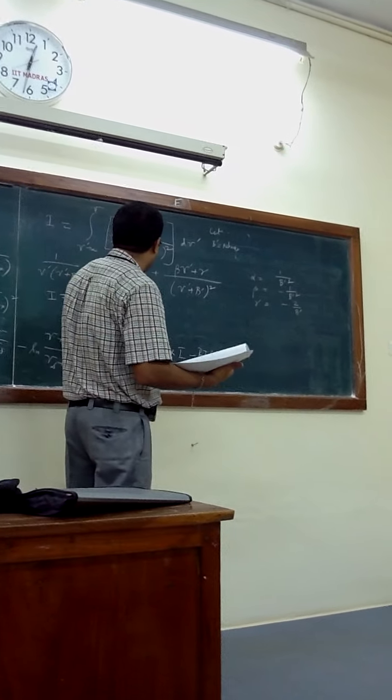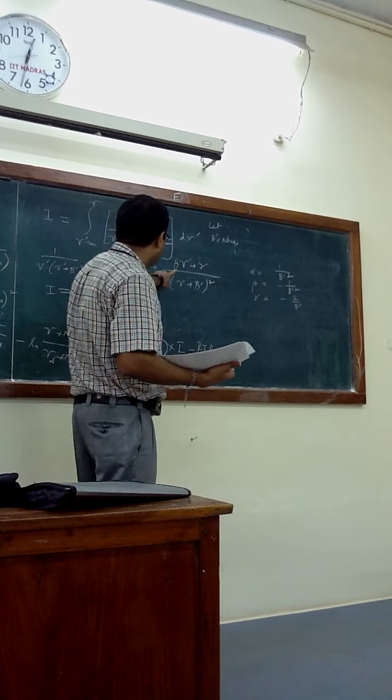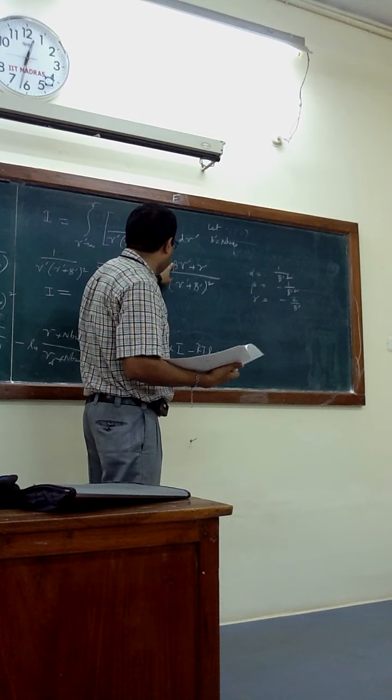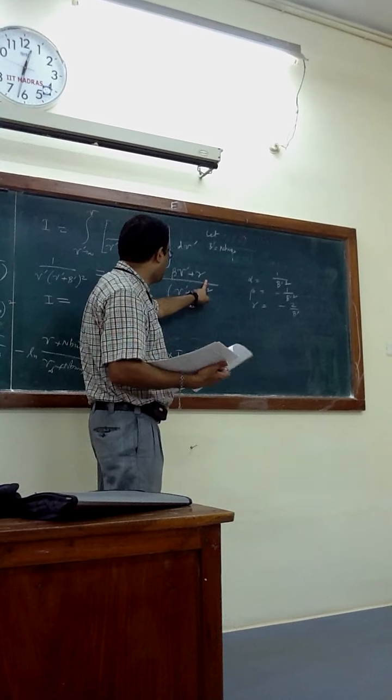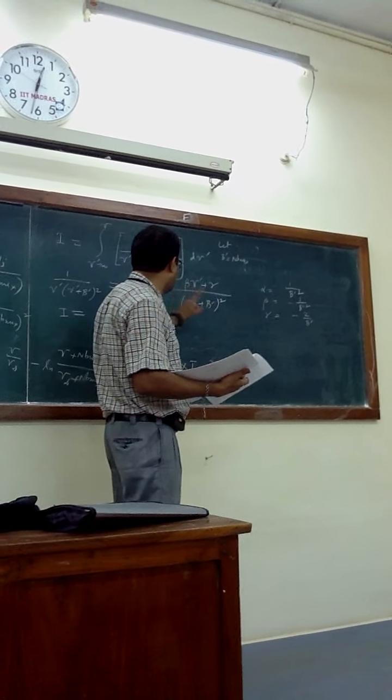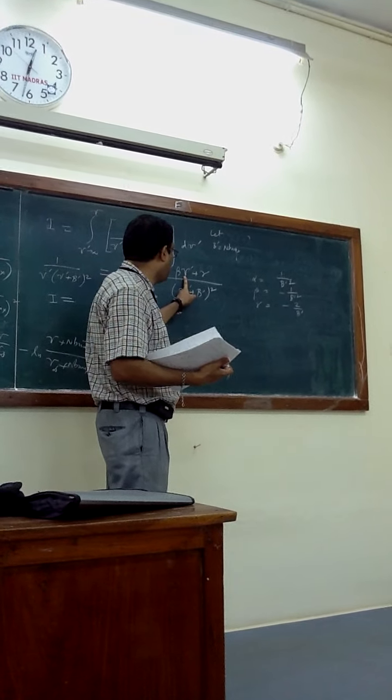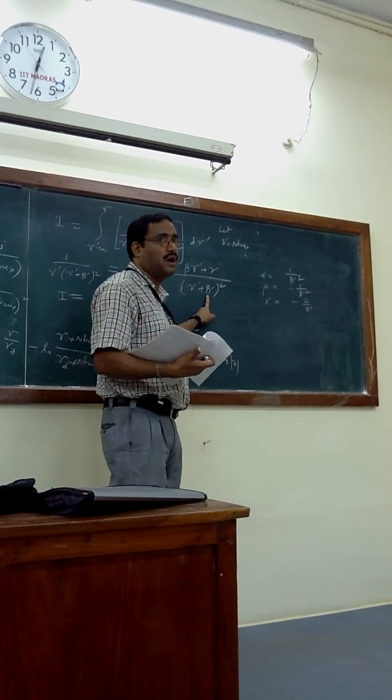Remember, this you can easily evaluate. This term is 1 by b prime db prime, and again this constant. So this and this will be evaluated. Here it is b prime db prime by b prime plus b prime whole square. How to evaluate?